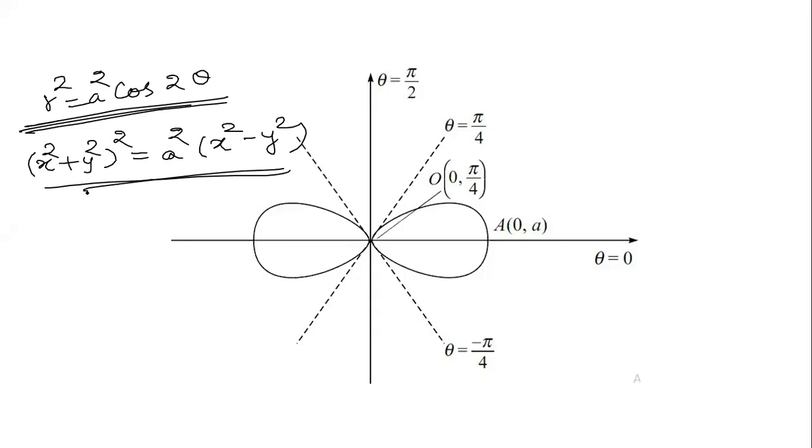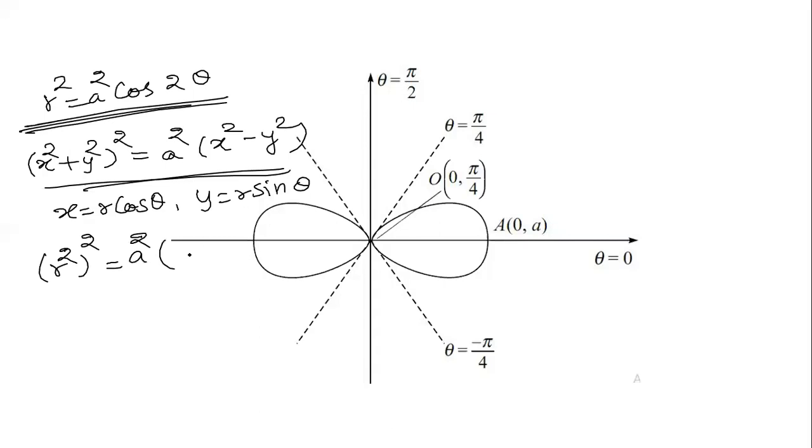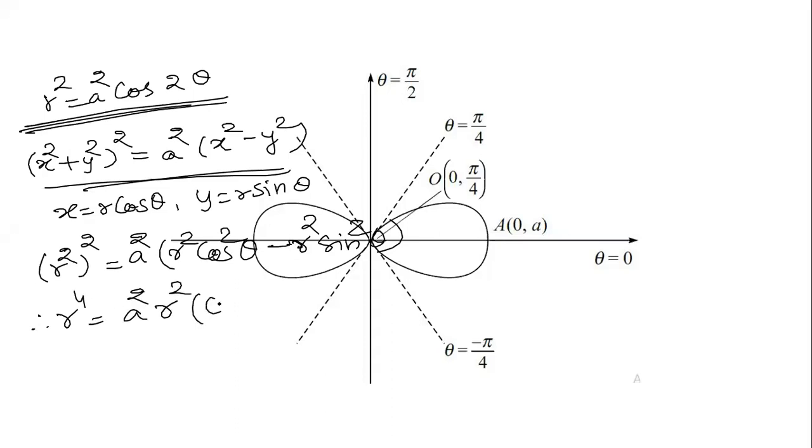And for converting a Cartesian equation into polar, we have to make the substitution x is equal to r cos theta and y is equal to r sin theta. Let us see what happens. So x square plus y square will be equal to r square. R square to the power 2 is equal to a square times x square, meaning r square cos square theta, minus y square, meaning r square sin square theta. So r to the power 4 is equal to a square, r square is outside, cos square theta minus sin square theta, divided by r square.